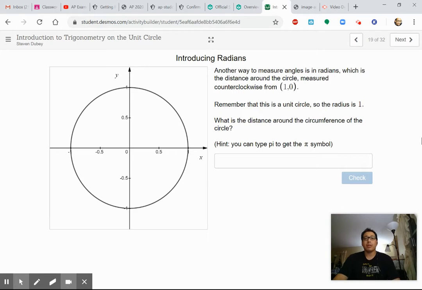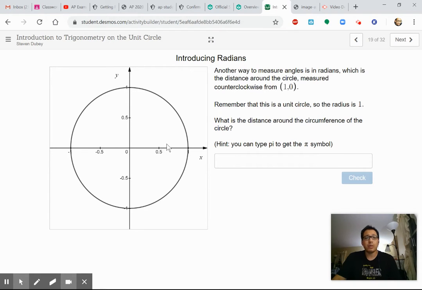So we're going to introduce radians. Radians are another way to measure angles besides degrees, and you could argue that they are a better way to measure angles. We're going to define a radian as the angle that a single radius of the circle would make.